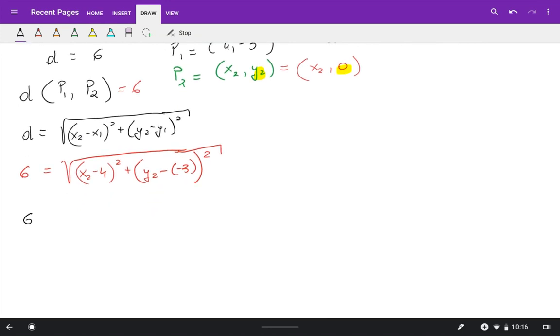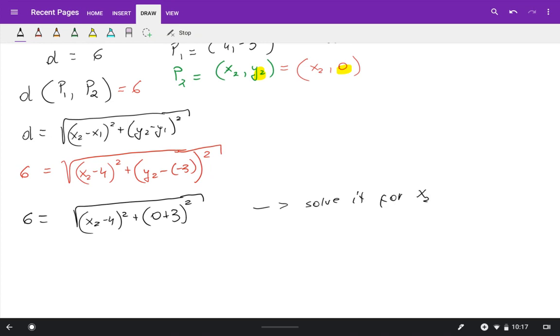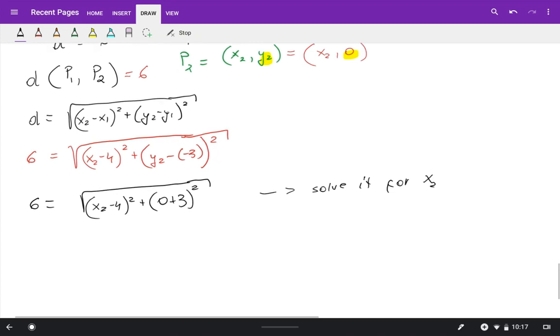So we have 6 equals the square root of x2 minus 4 squared plus y2, which is 0, minus minus, which gives you plus 3, to the second power. Now we're going to solve this equation for x2, which will give us the x coordinates of the points we're trying to find.